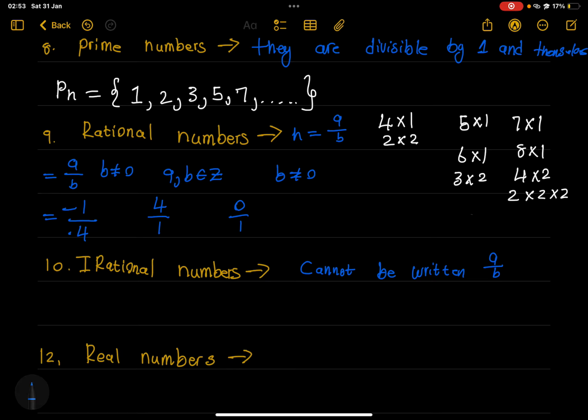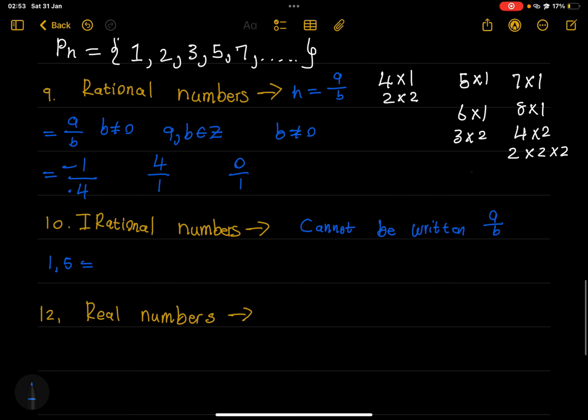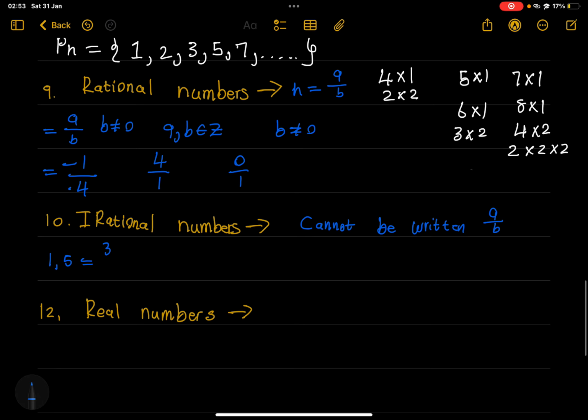Understand? For example, 1.5 can be written as a fraction, which is the same as 3/2. Understand?